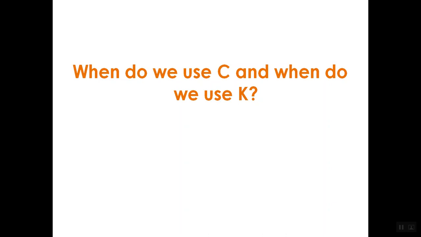So, first, let's remind ourselves about our rule for C before we talk about K. Each one of these rules has to do with the vowel in the word that we are spelling.